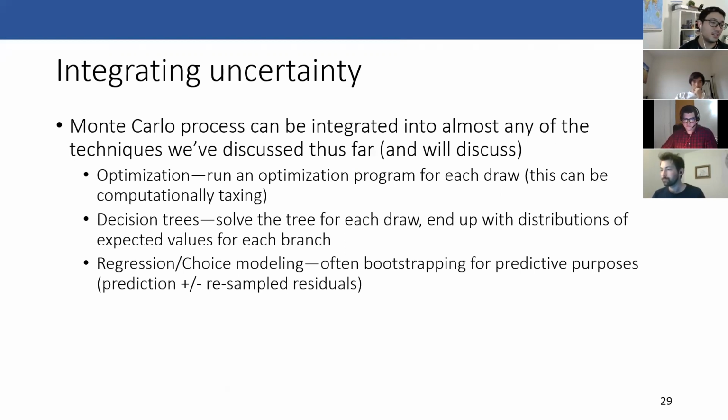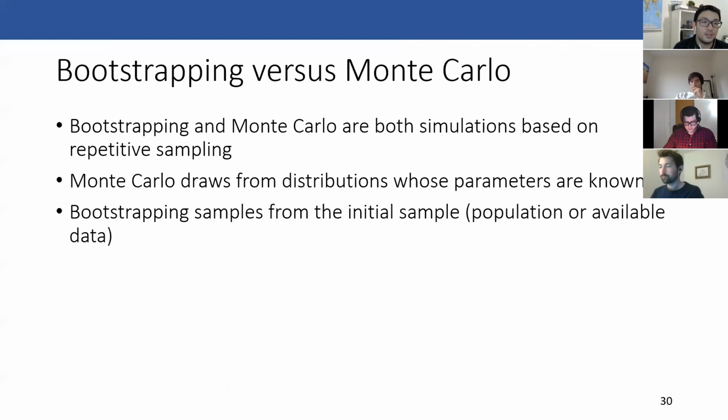You can even do this in regression or choice modeling, machine learning type of applications, where you use Monte Carlo to do things like prediction. One last thing that I'll quickly mention is you may have heard of a technique called bootstrapping. So these are pretty similar processes.